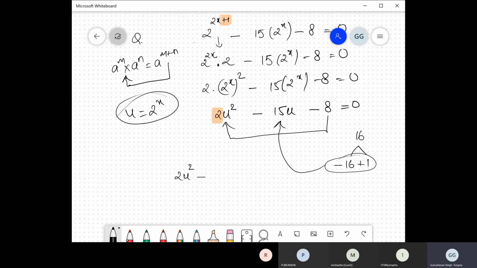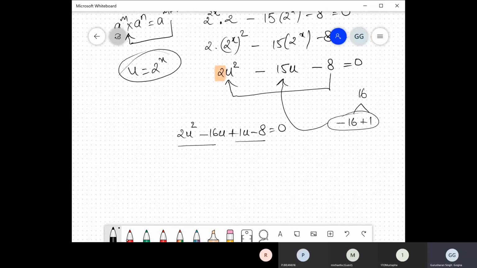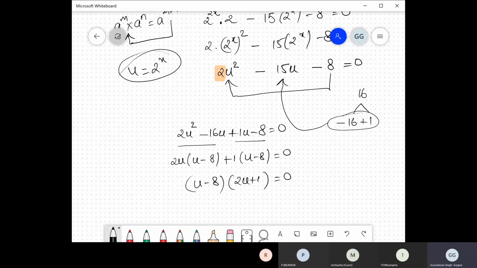So 2u squared, and split the middle term using your factors. Then you make 2 groups. From the first group, 2u is common. And from the second group, nothing is common, so you just say 1. You're left with 1 times u minus 8. U minus 8 is common, so you're left with 2u plus 1.